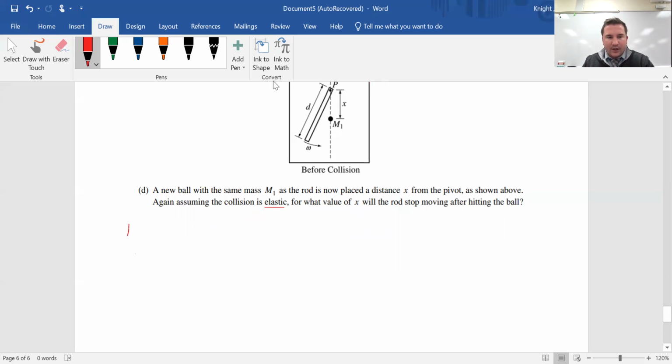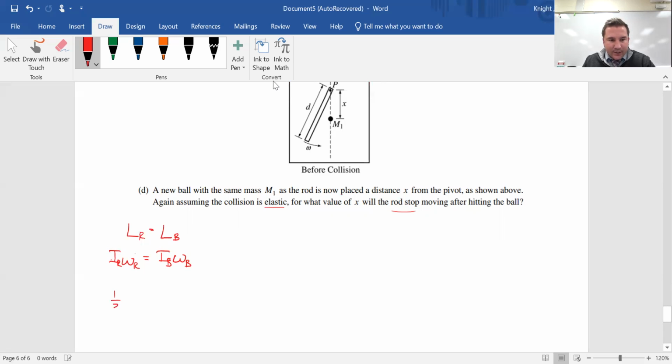So I'm going to start with momentum. Momentum of the rod is going to equal momentum of the ball. Again, because the rod is going to stop. So we'll get I omega is equal to I omega. These are for the ball. These are for the rod.